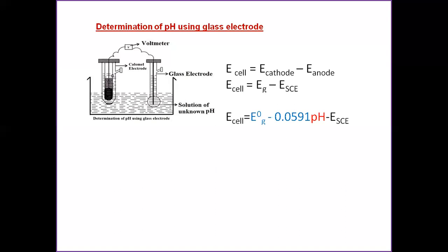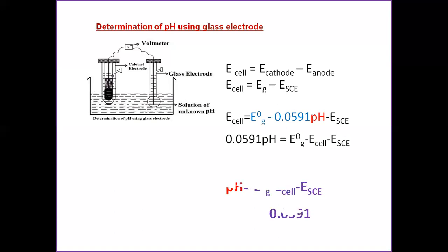Now I want an equation for pH. I will rearrange this equation. Minus 0.0591 pH, I will take it to the left side. The rest of the terms, I will send to the right hand side. The equation will look like this. So finally, rearranging it for pH, you can see that pH is equal to E0G minus E cell minus E standard calomel electrode, divided by 0.0591.